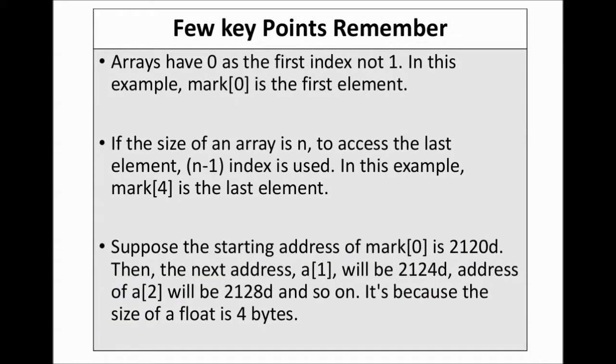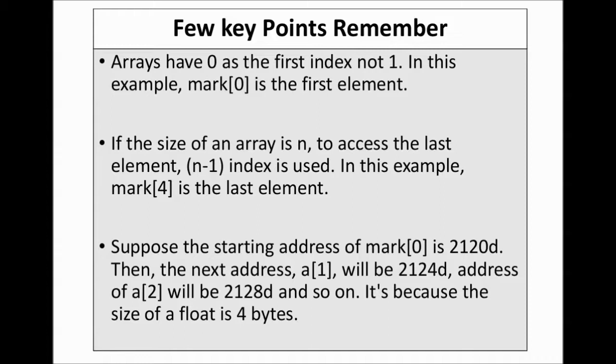So here are some key points to be remembered: arrays have 0 as the first index, not 1. In this example, marks[0] is the first element of the array. If the size of an array is n, to access the last element the index n minus 1 is used.